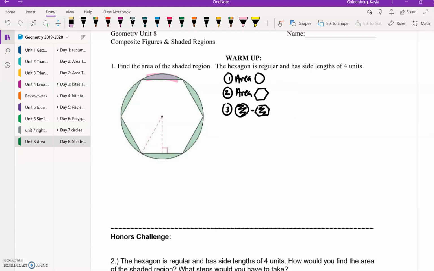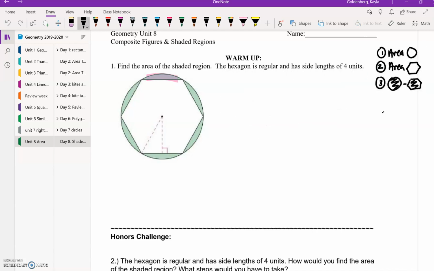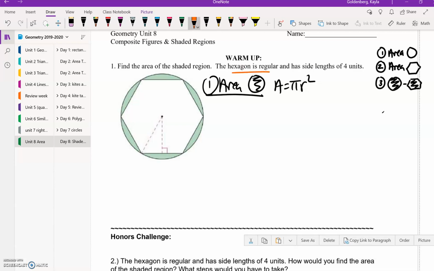I'm going to move this over to the side so that I've got some space. So step 1, I'm going to find the area of my circle. Thinking back to our area formula, we have pi r squared for a circle. So I need to figure out what the radius is. Let's look at what they told me. They told me that the hexagon is regular, which means all the sides are equal.